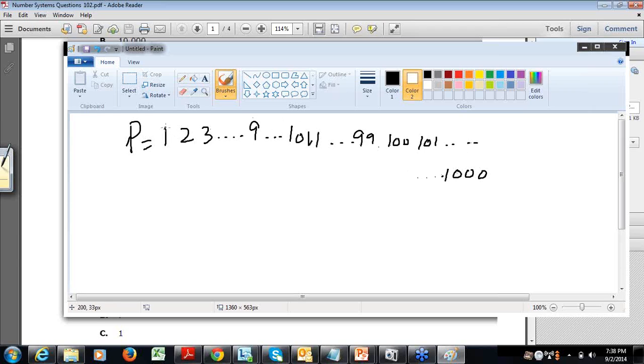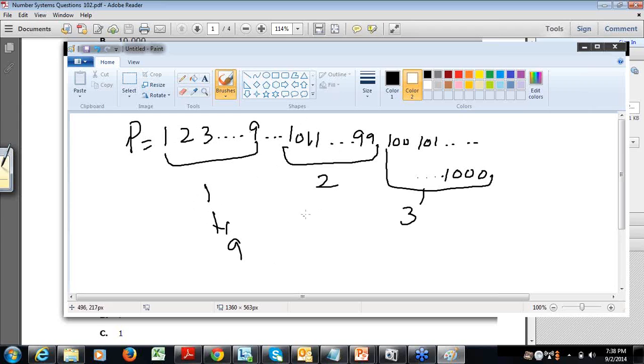Okay, so these are single digit numbers. These are all 2 digit numbers. These are all 3 digit numbers. So there are two things: one is the value of the number, second is the number of digits. You will get 9 digits here, you will get 180 digits here. And here you have to find out till the 1000th digit.